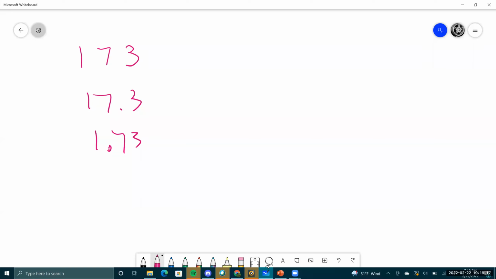So the way to do it is to implement the implied fixed point by changing these to 173.00, 17.30, and this is 1.73.